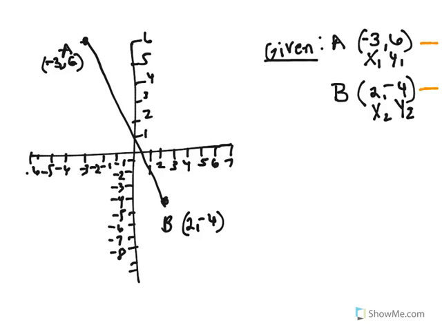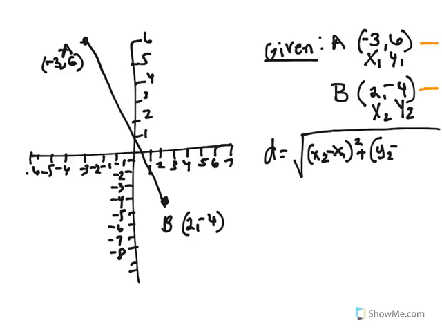All right, so now I have the values that I'm going to plug into the distance formula. So the distance formula is the square root of x2 minus x1 squared plus y2 minus y1 squared, okay?